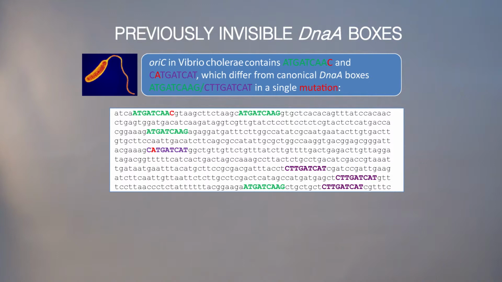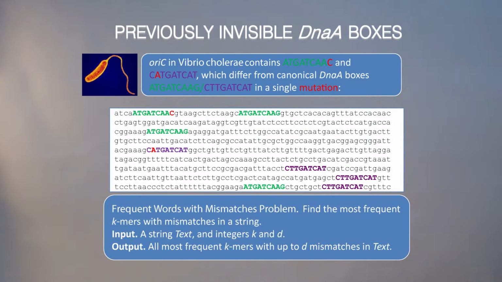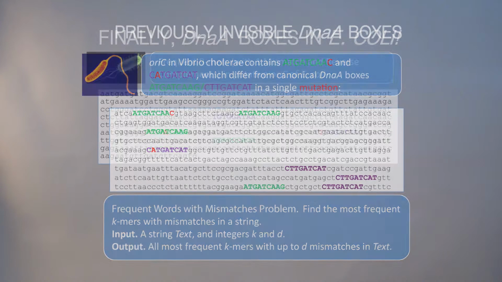And they also represent DNA boxes because DNA can bind not only to the perfect 9-mer, but to different variations of this 9-mer. So to find this type of more elusive frequent words, we need to solve the frequent words with mismatches problem, where the input is a string Text and integers k and d. We want to find all most frequent k-mers with at most d mismatches in the Text.